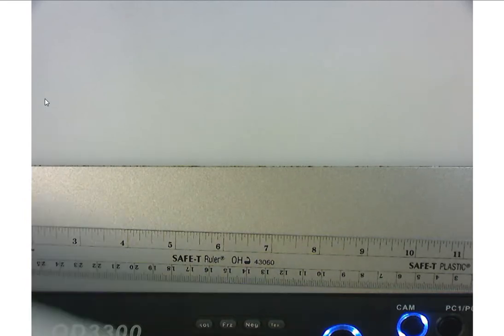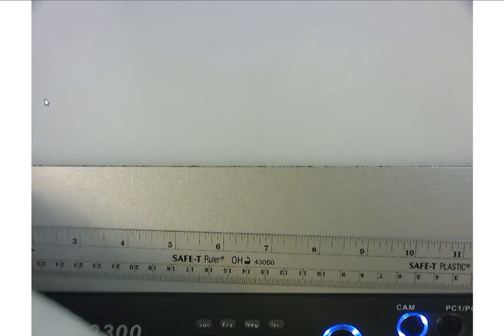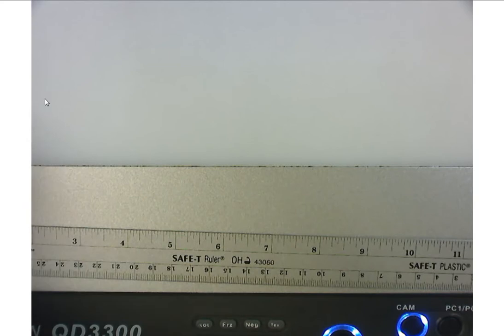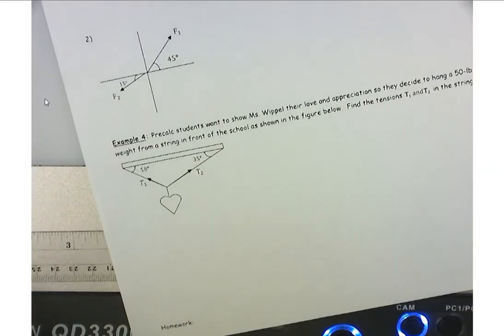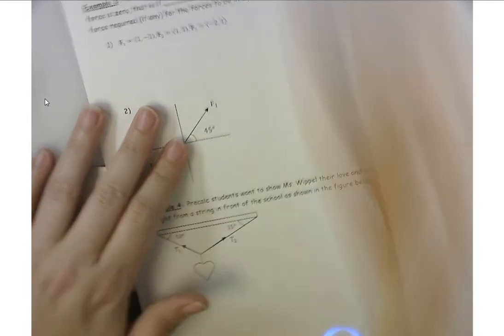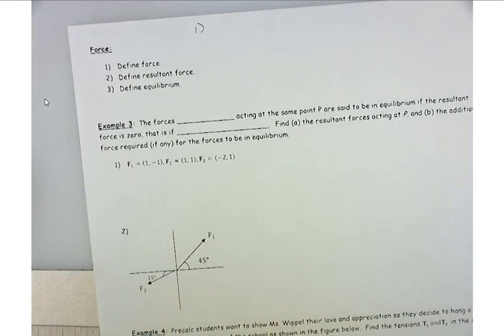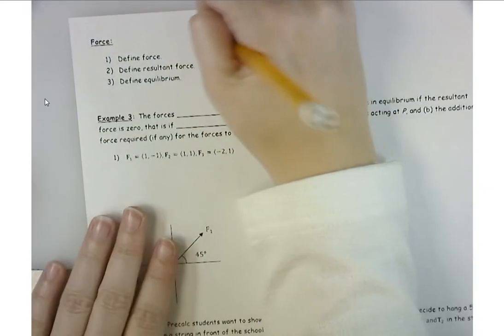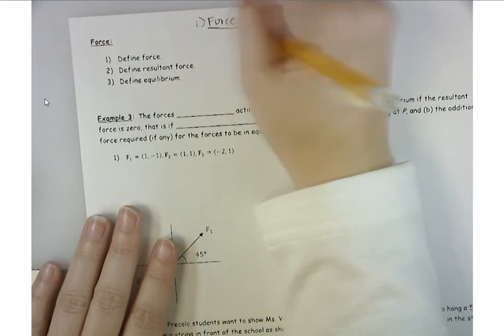Okay, so on the back it says that you have to describe your forces. So the first thing we're going to do is define the force. Right, so for number 1, the force is the push or pull on an object.